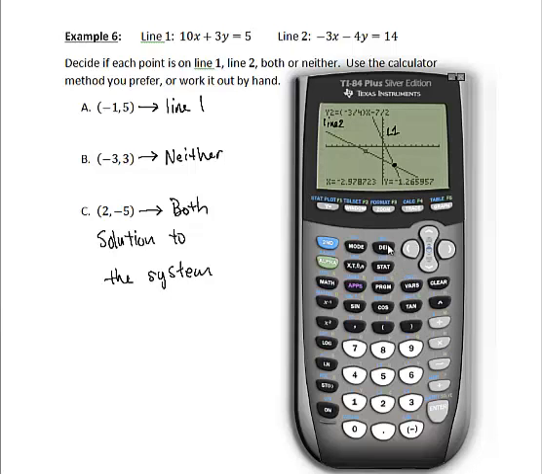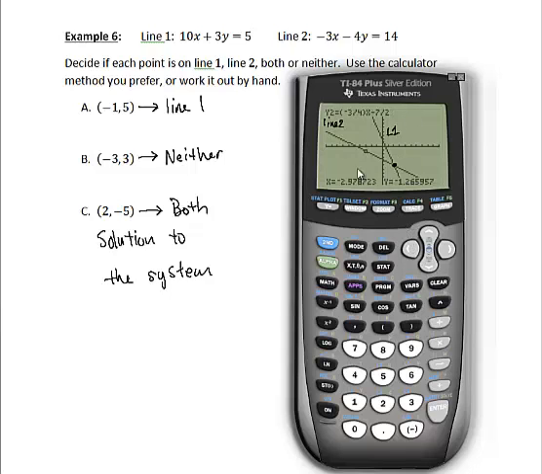If you're in the trace mode and you want to switch lines, then you simply hit the arrow key up or down, and you can see that it swaps back and forth between Y2 and Y1. If you hit down repeatedly, it's still going to jump back and forth between the two lines.